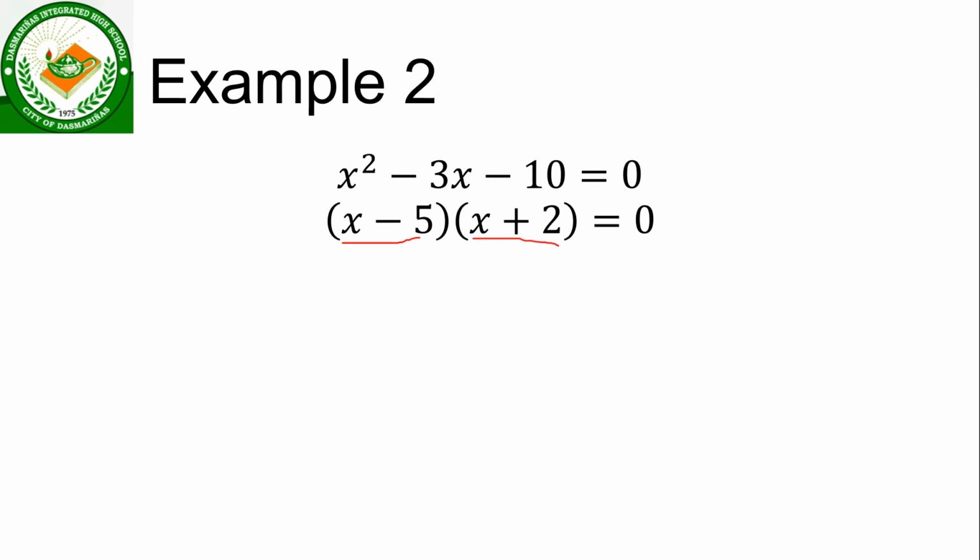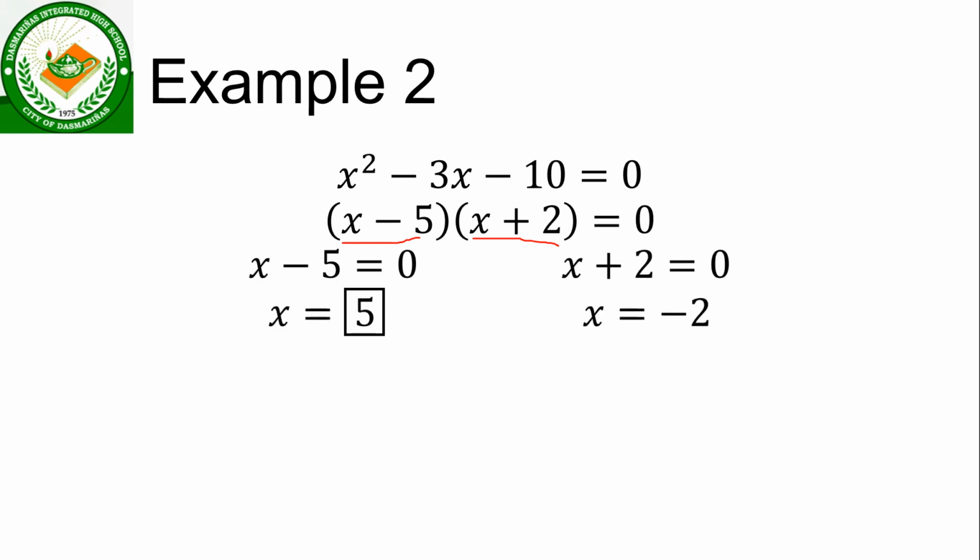By the zero product property, we have x minus 5 equals 0 and x plus 2 equals 0. And after that, solving for x, we have x equals 5, and on the other side, x equals negative 2.